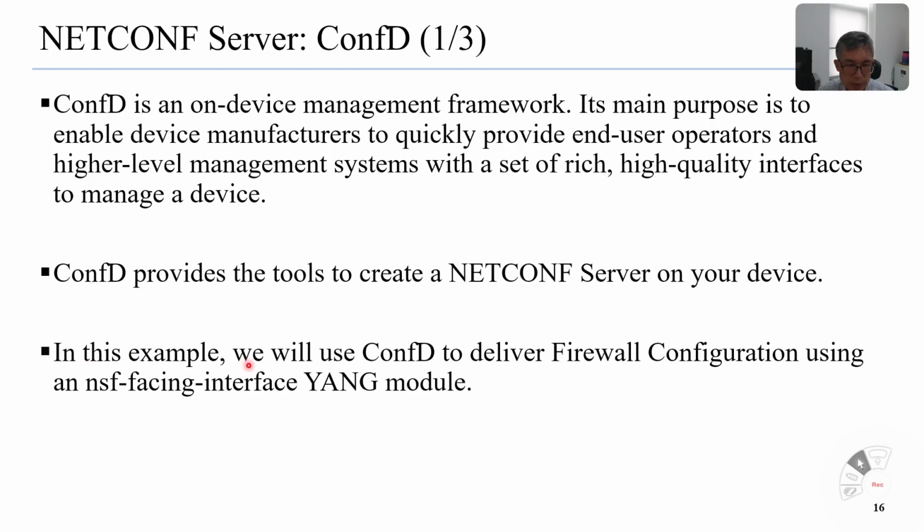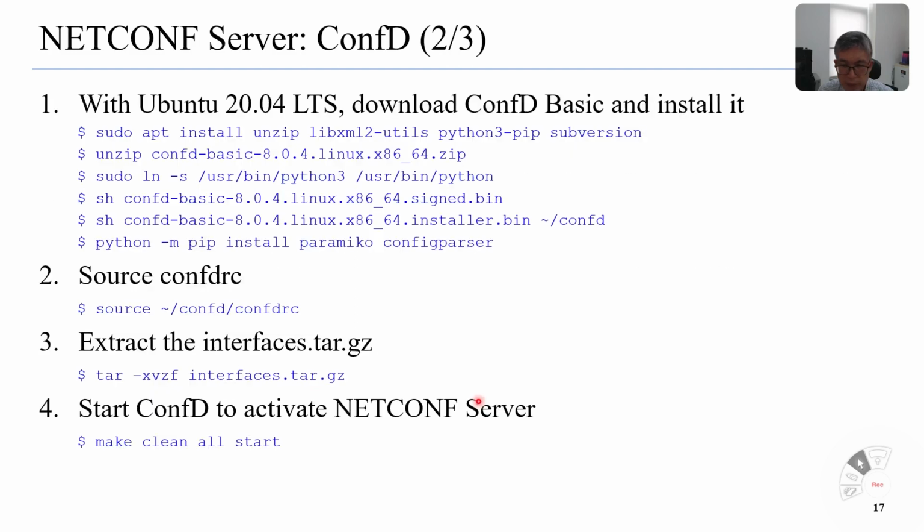In this example, today's class will use ConfD to deliver firewall configuration using an NSF-facing interface YANG module, okay? So with Ubuntu 20.04 LTS version, download the ConfD basic and install it according to this command.